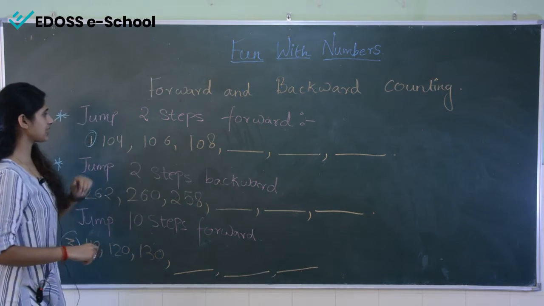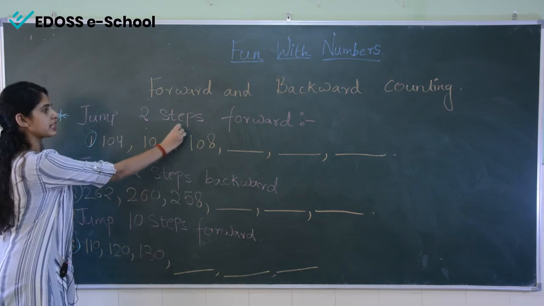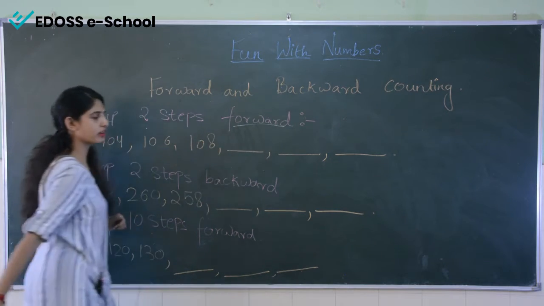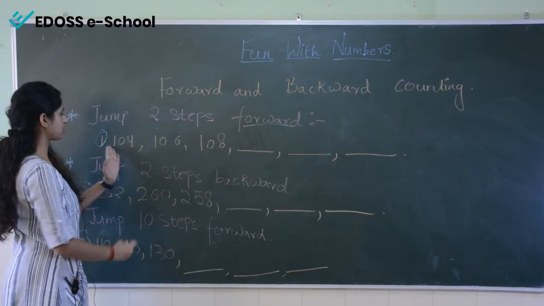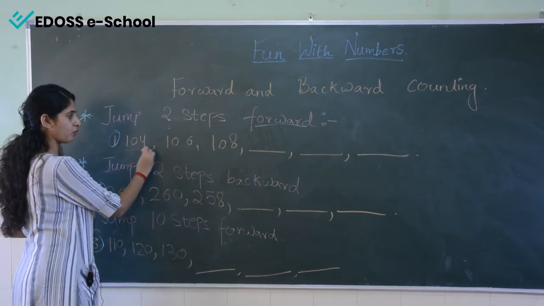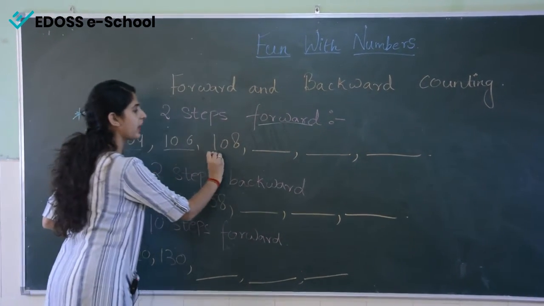Here the first example is jump 2 steps forward. Forward means to move ahead. Now see these numbers: 104, 106, 108.